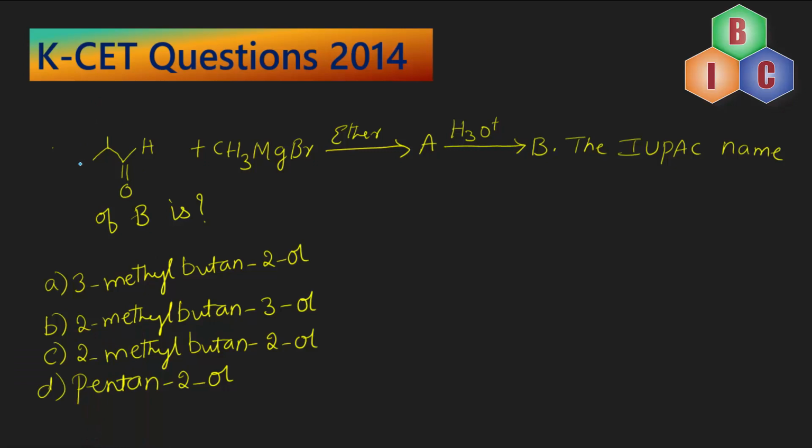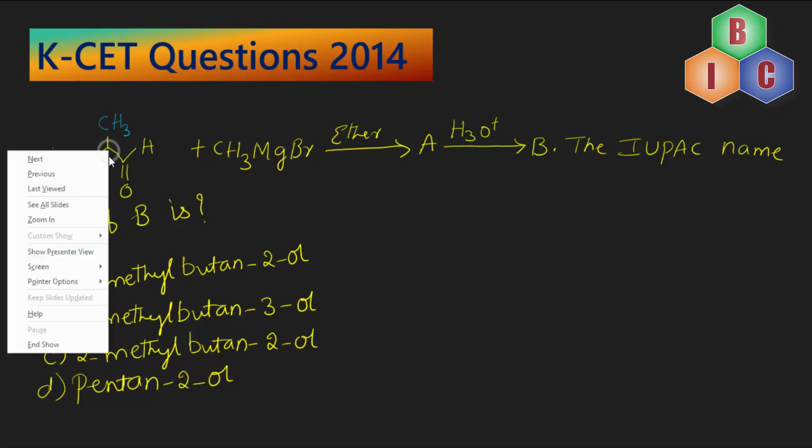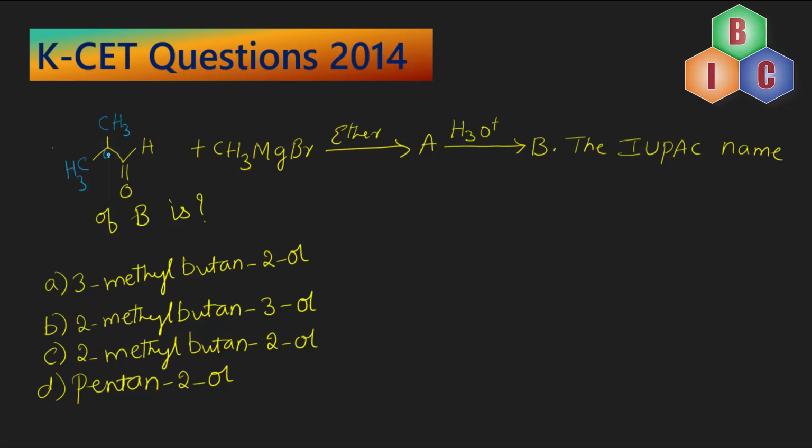You know that in the terminal position, if nothing is there, then that means we are talking about a methyl group. Let me just fill in all the things there. So there is a carbon here, which in turn is linked with a hydrogen, and there is a carbon linked with double bond O and H, means this is CHO.